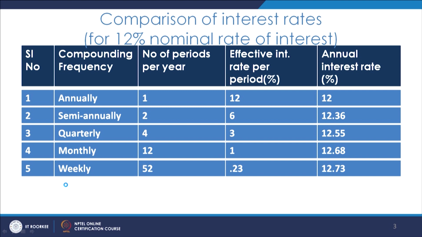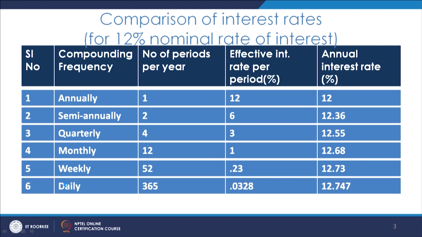So, the period for which the compounding is done is 1 week, so it will be 52 times, and for every week you have 0.23%. So, 12 by 52, that way you get this 0.23, and annual interest rate if you compute it will be 12.73%.